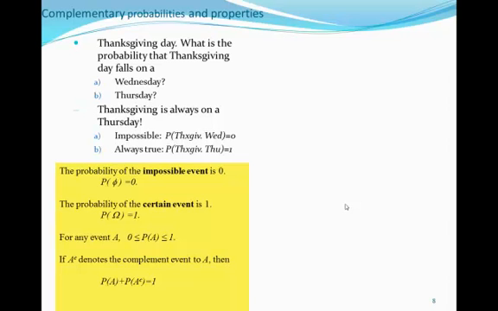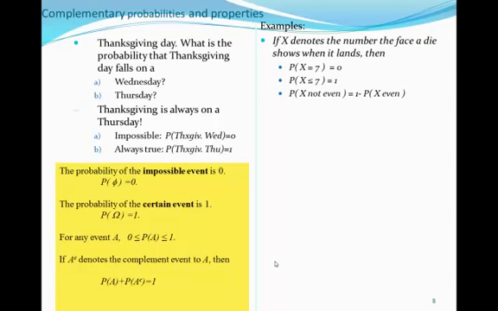If A^C denotes the complement event to A, then the probability of event A plus the probability of the complement of event A equals 1. So this is very important.